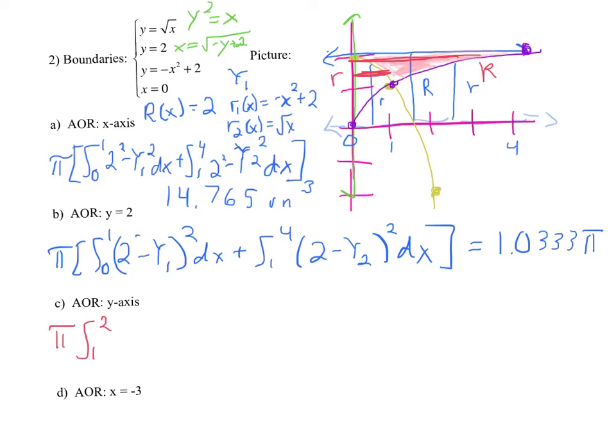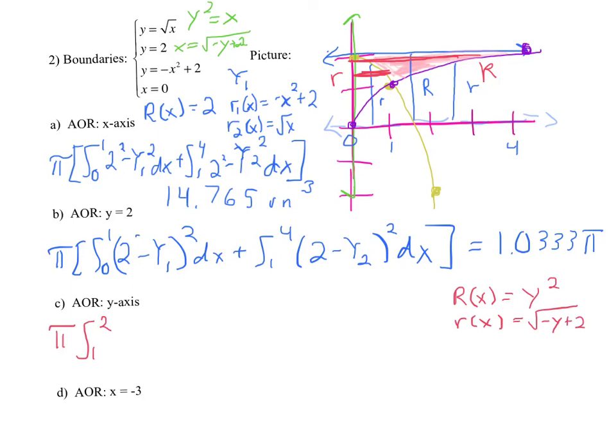And the big radius, I'll write it over here, will just be y squared minus 0, so y squared, and we always do right minus left. And our little radius will be the square root of negative y plus 2.